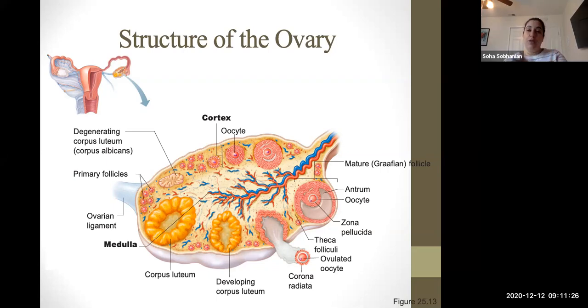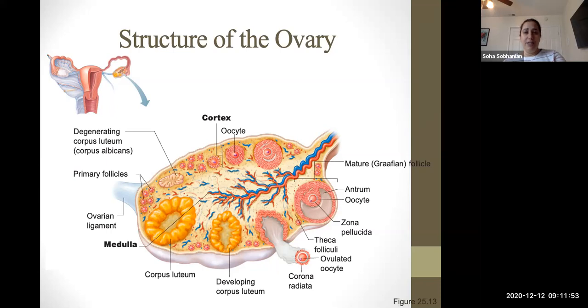In this picture, what you see is only one primordial follicle starting to develop into the primary follicle and secondary follicle. In reality, multiple primordial follicles start this process, but typically only one of them completes it and reaches the Graafian follicle.